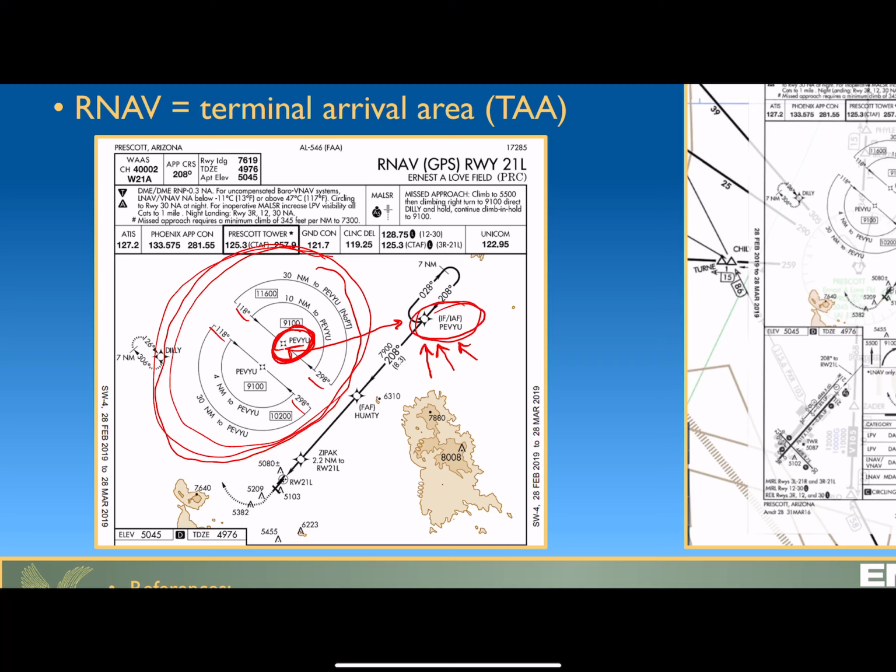So if you're generally coming from the southwest or the northeast, it determines your procedure. So if you're coming from the northeast, 30 nautical miles out from PayView, you would descend down to 11,600. Once you're 10 nautical miles out, you begin descending down to 9,100, and then you would fly the initial approach fix.